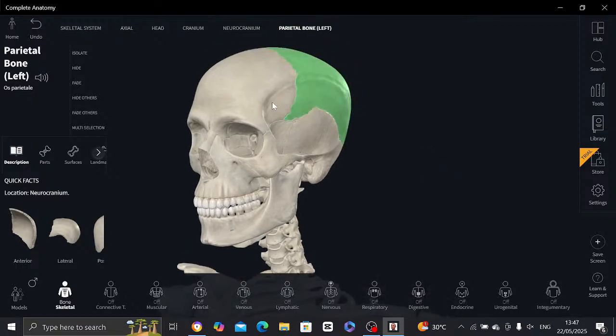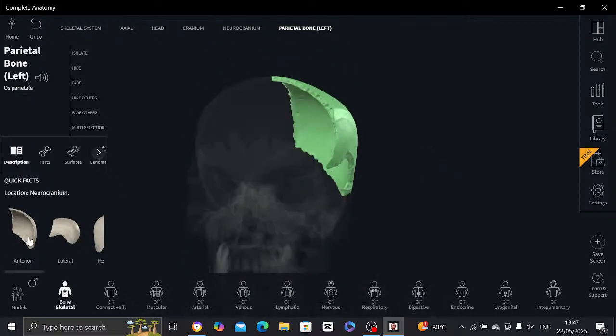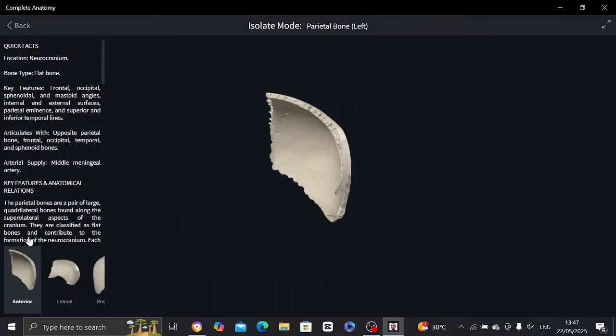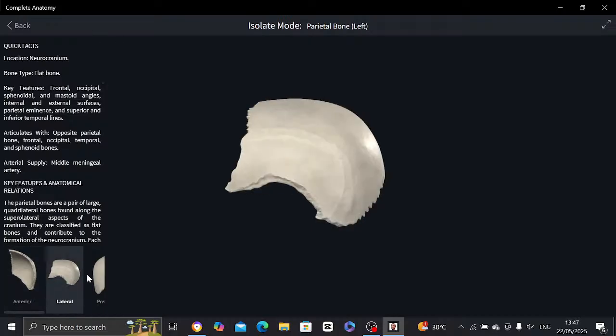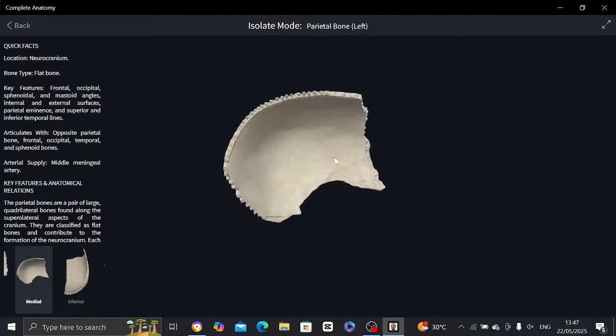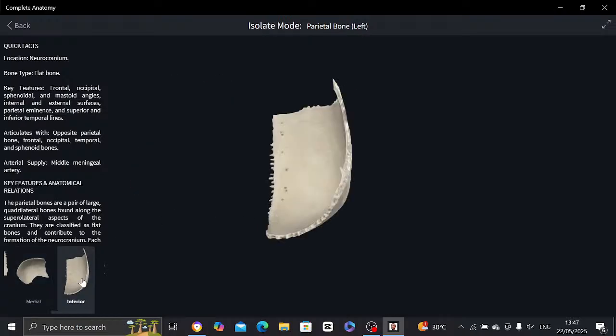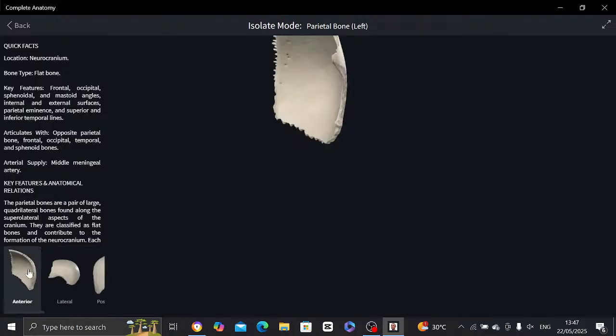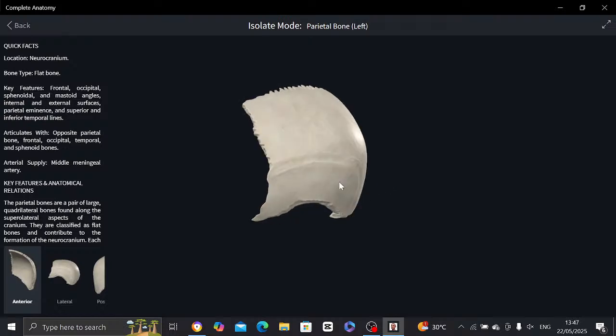This is the anterior view of the parietal bone, the lateral aspect. From the medial aspect, that's the inner aspect, you can see the indentation of the meningeal arteries, and then we can see the inferior aspect of the parietal bones.